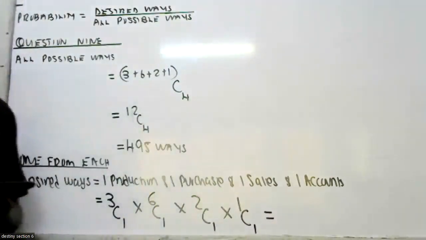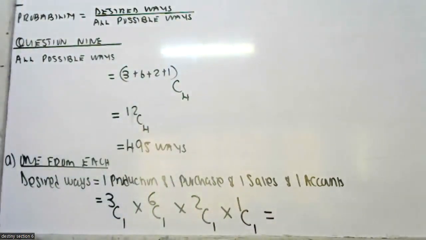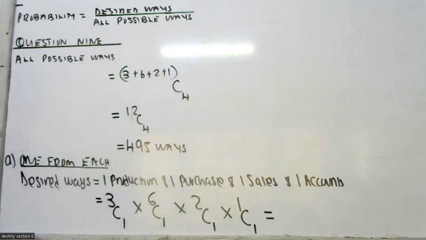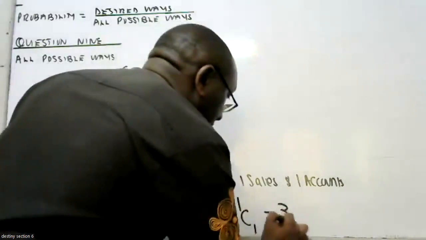We put them in the calc: 3 combine 1 times 6 combine 1 times 2 combine 1 times 1 combine 1 equals 36 ways.